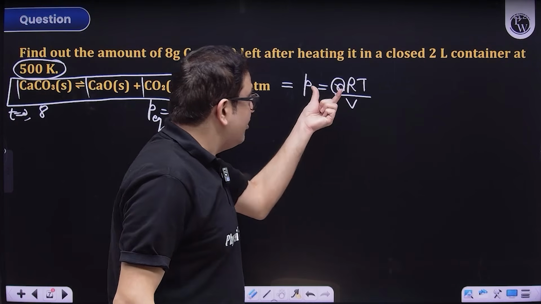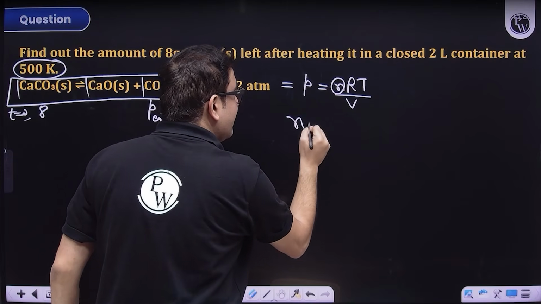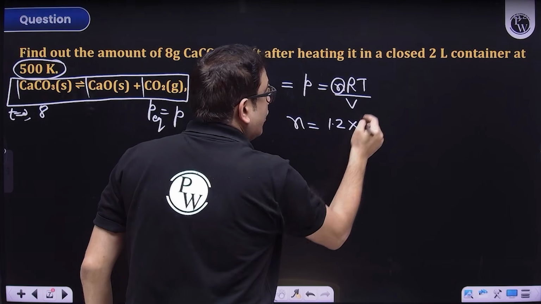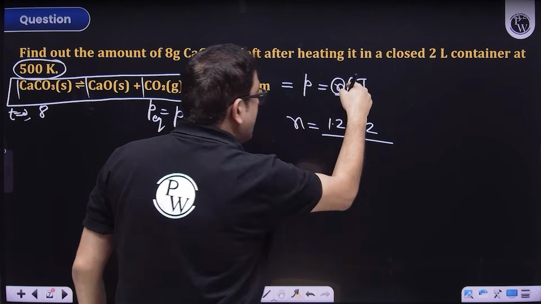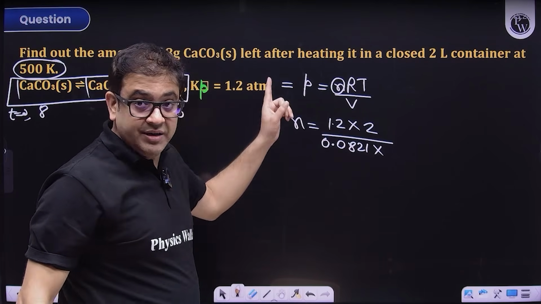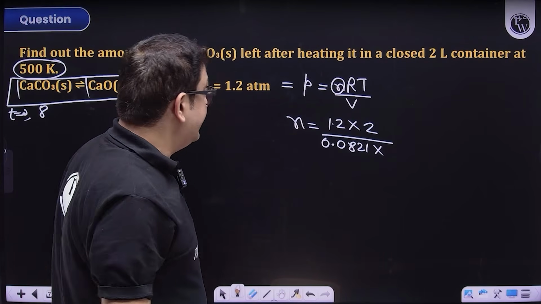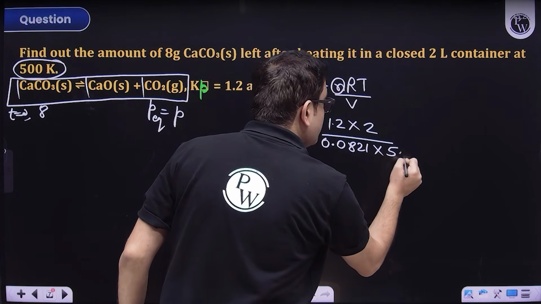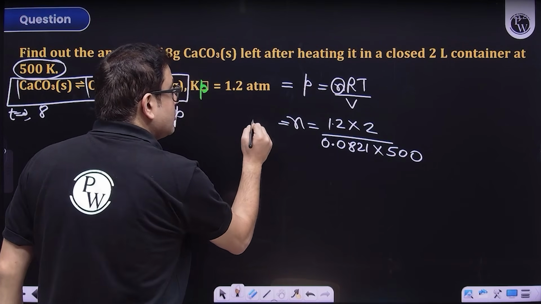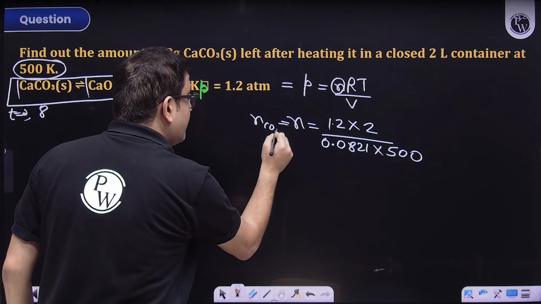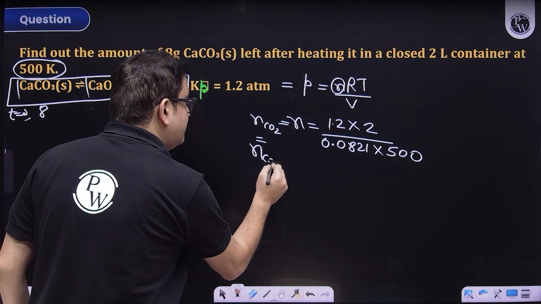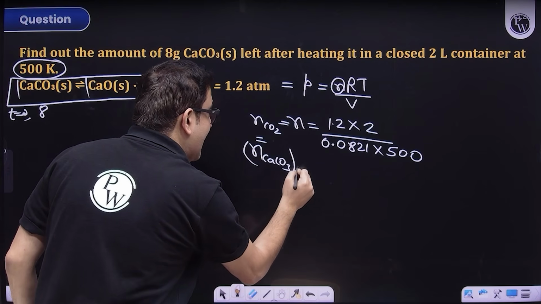So N will be equal to pressure, which is 1.2, times volume of the container, which is 2, divided by R, which is 0.0821 when pressure is in atm and volume is in liters, and temperature is given as 500. What is this N? This N is also the number of moles of CO2 formed. This N is also the number of moles of limestone reacted.